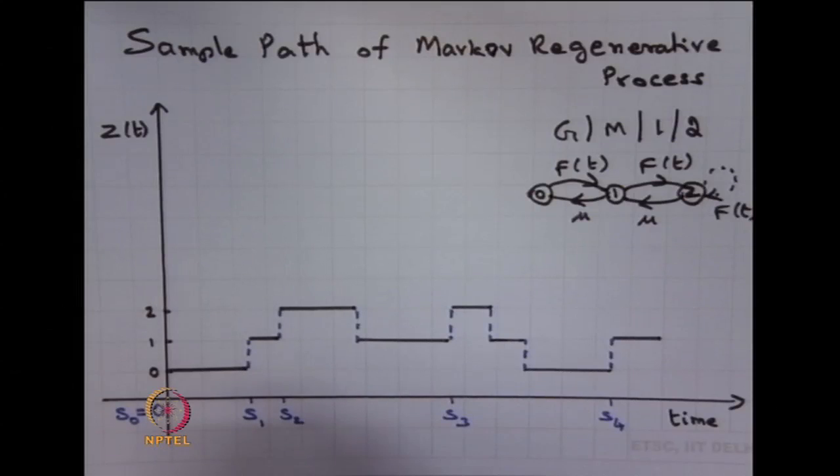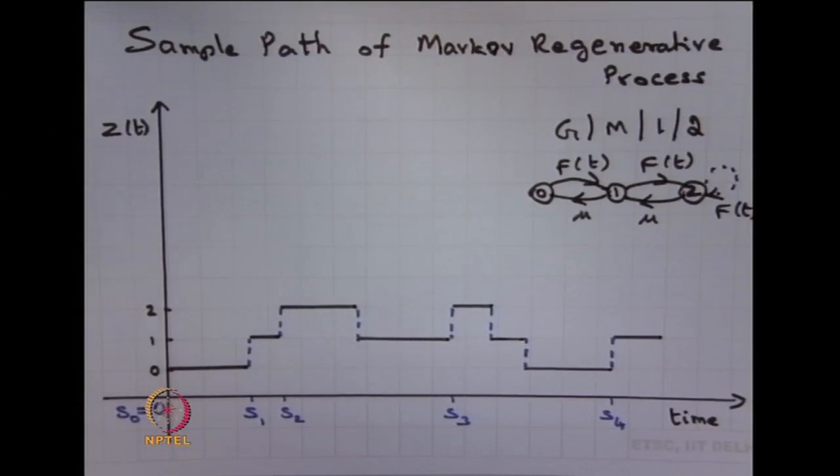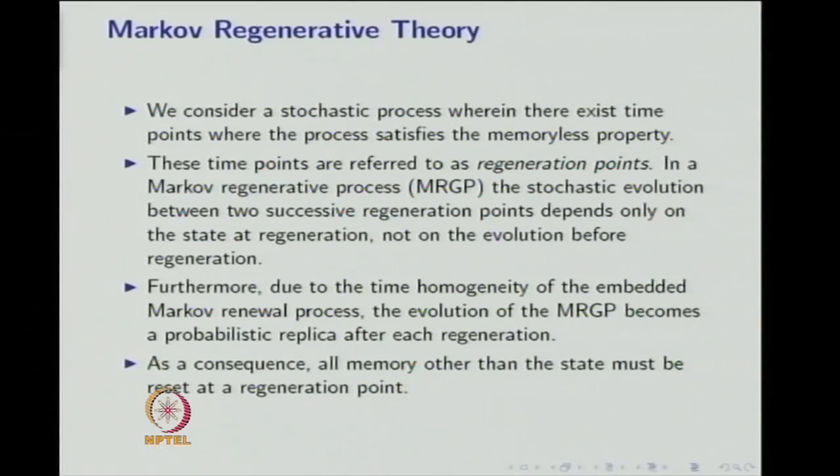That means you should remember where the system was at the time point S2 as well as where the system was at the time point S3, and you do not need anything before the regeneration time. As a consequence, all memory other than the state must be reset at the regeneration point.